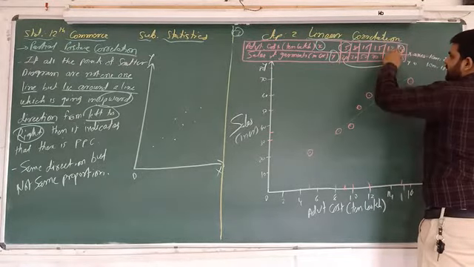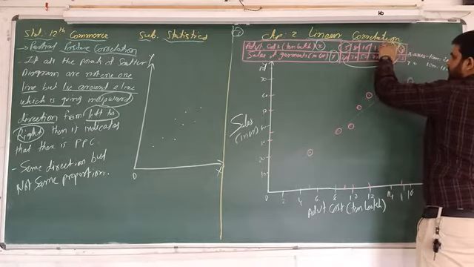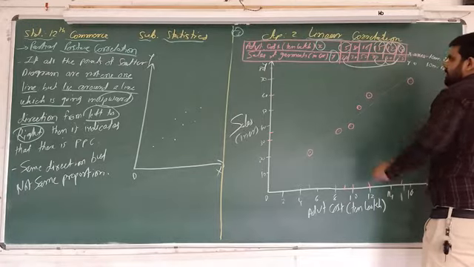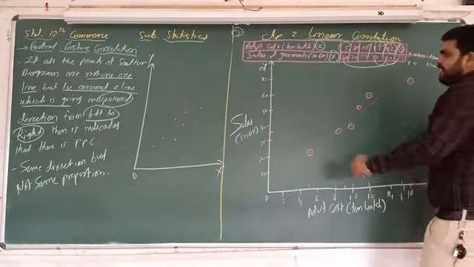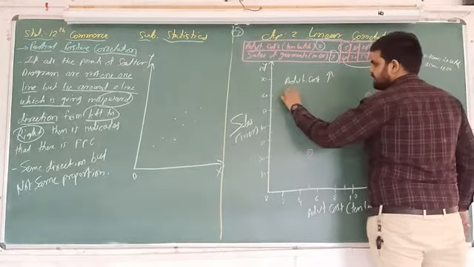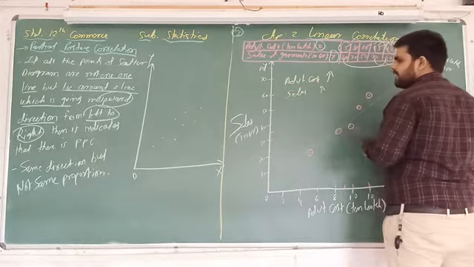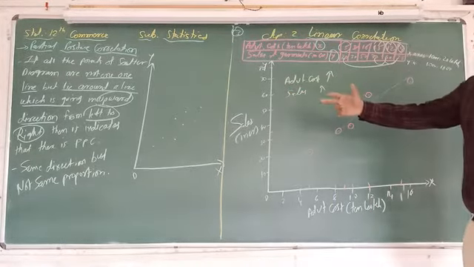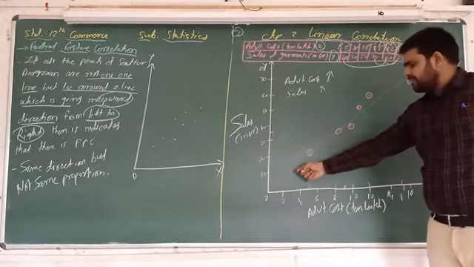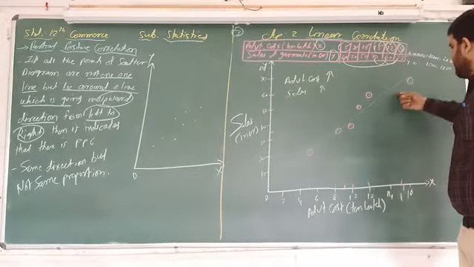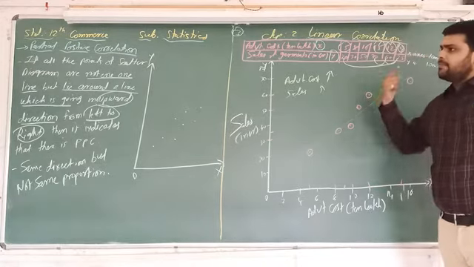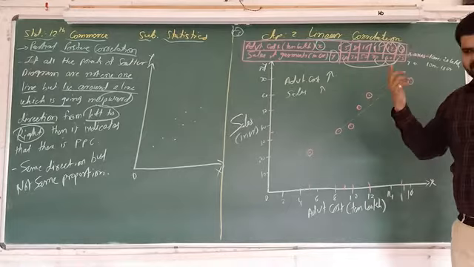Similarly from 9 to 12, sales go from 35 to 60, and from 12 to 15, sales go from 60 to 70. So it is an upward direction: if advertisement cost increases, sales also increase. This is the same direction but not the same proportion, because if there were the same proportion, all the points would lie in one line, but that is not the case here. So this is called a partial positive correlation. Okay, thank you.